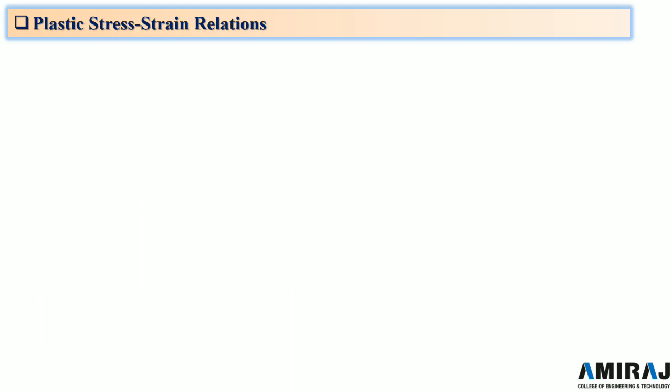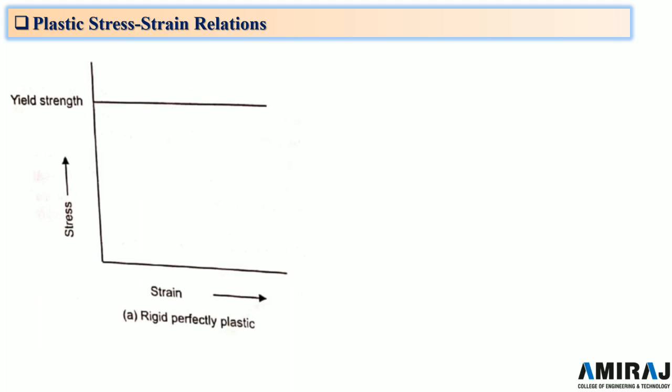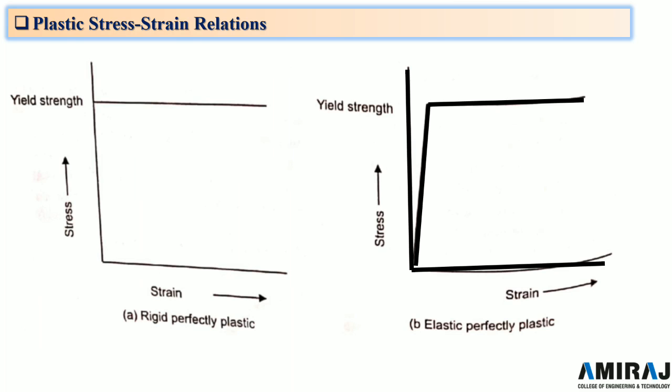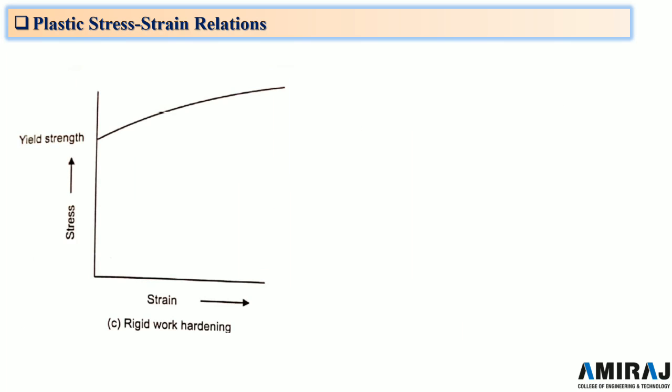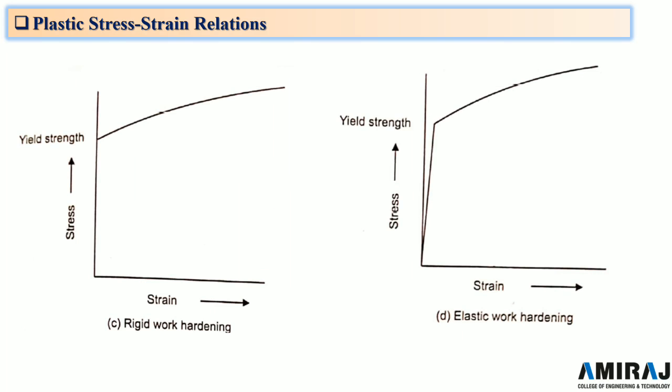Now the various graphs: this is the rigid perfectly plastic material, in which the stress strain curve looks like this, with the yield strain. Then there is the elastic perfectly plastic curve, next is rigid work hardening, and final is elastic work hardening.